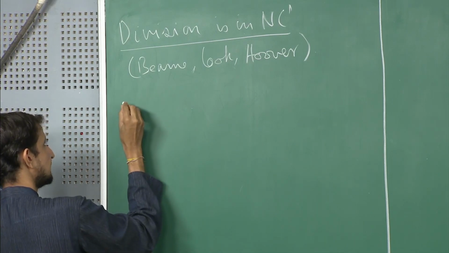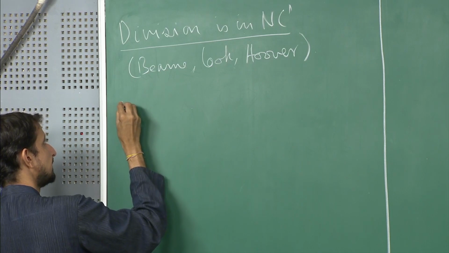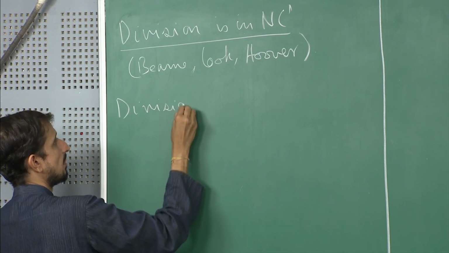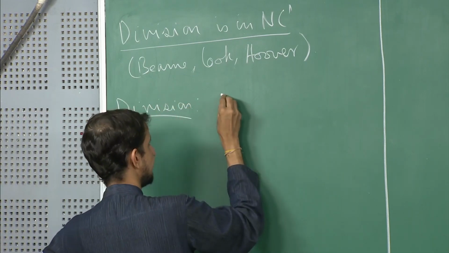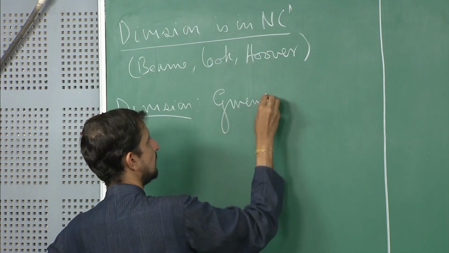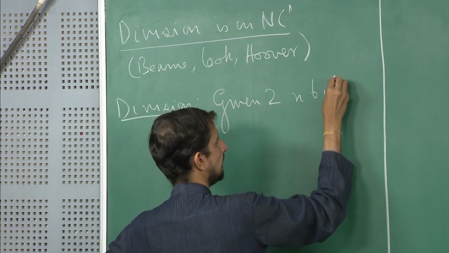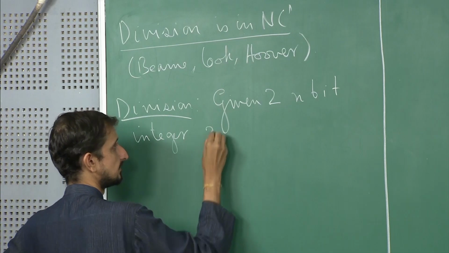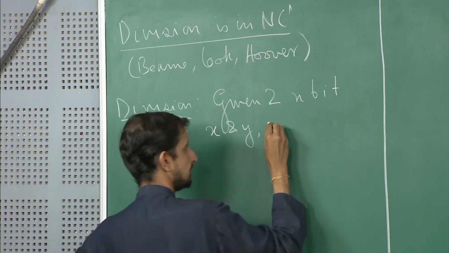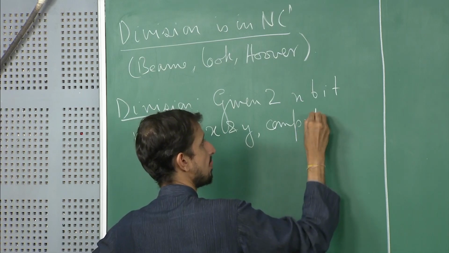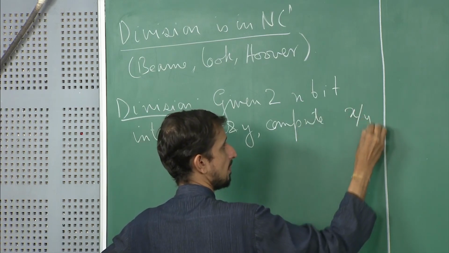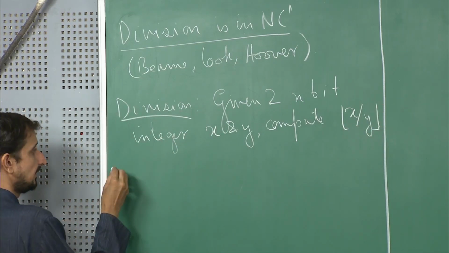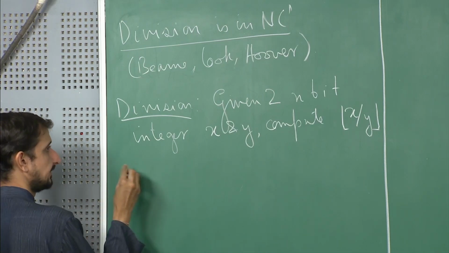First of all, just to recall, the division problem, to formally define it: given two n bit integers x and y, let us say we want to compute the quotient. We will also look at a few other problems.